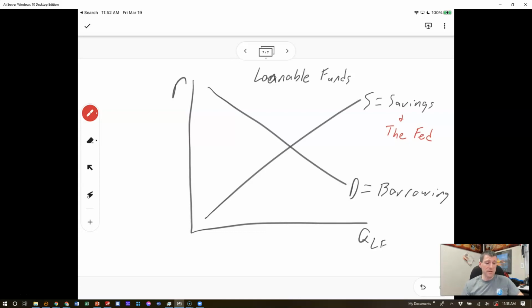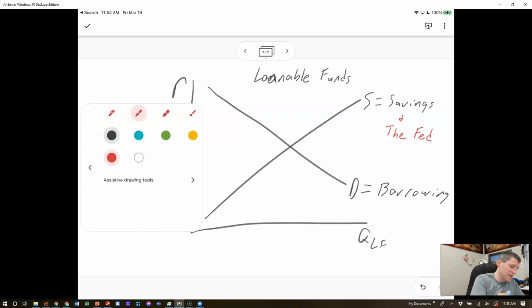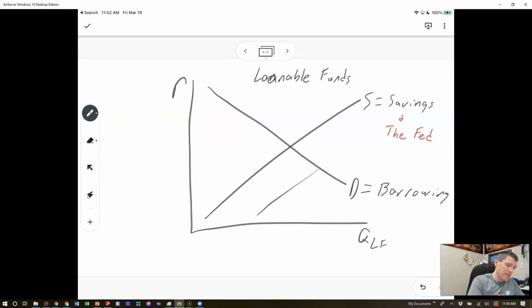It can also be that if it's buying from private individuals, the people will save some of that money. So you'll see increased savings in the economy because of the Fed's expansionary policy, buying bonds in open market operations. And so increased savings means that the supply of loanable funds will shift to the right.